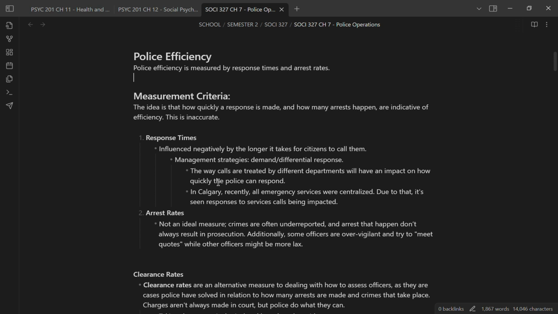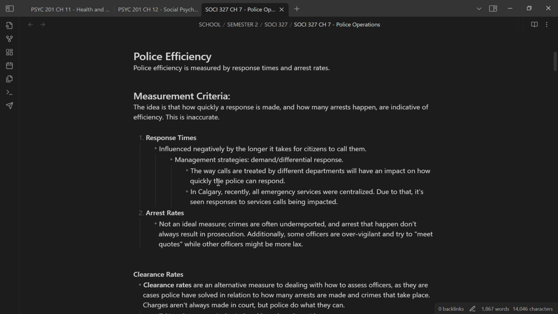Essentially, what this is saying is that calls will be treated differently based on the department, and that can have an impact on how quickly police respond. In Calgary, also, we recently had a centralization of all EMS, and due to that constipation in the system, again, responses were impacted. So it's not an accurate measure.